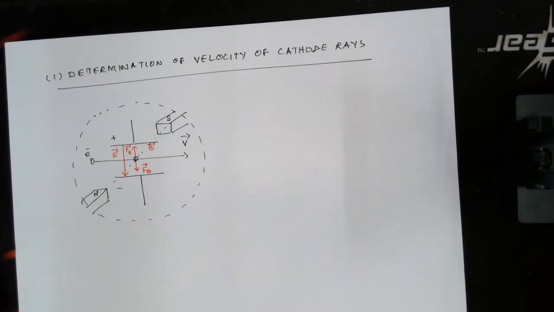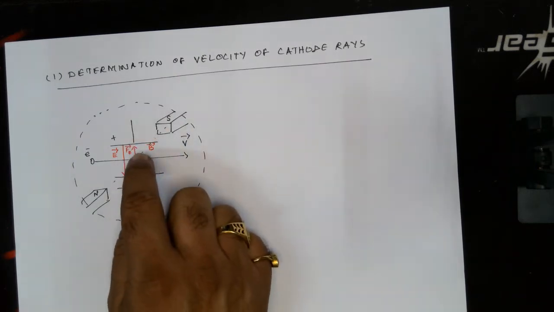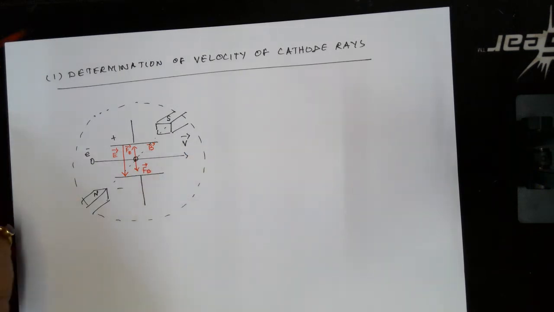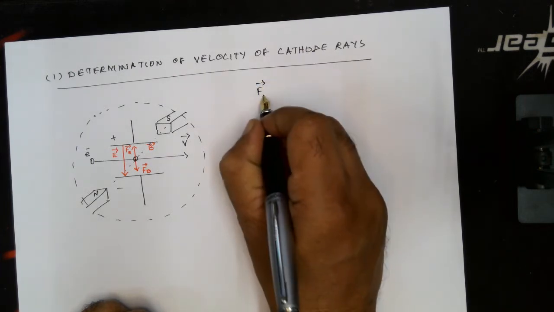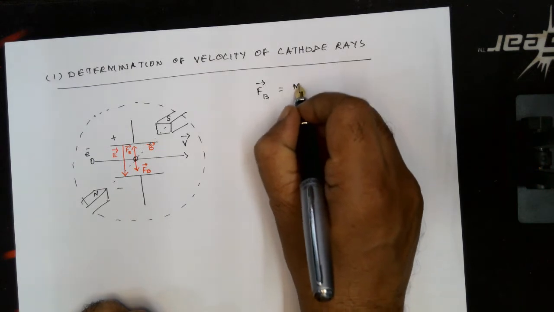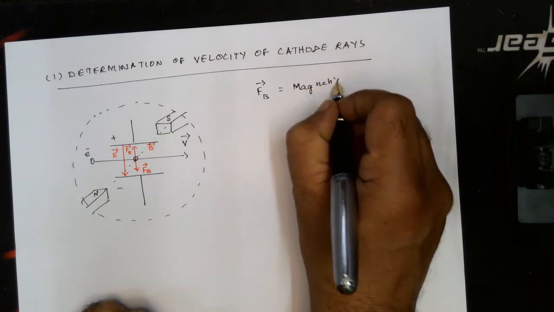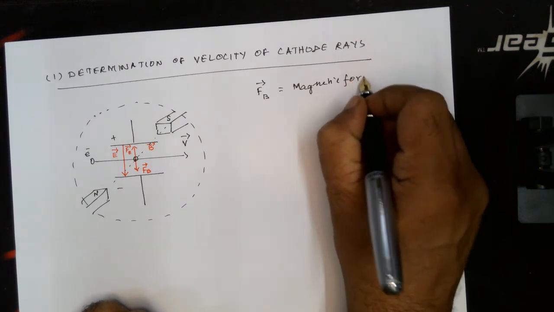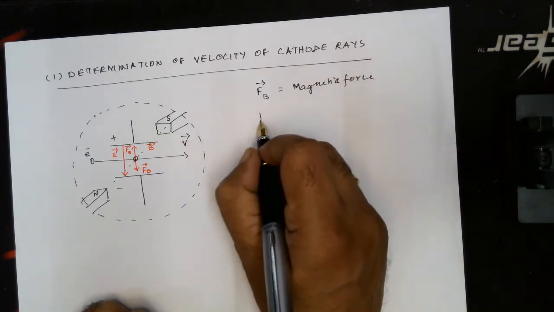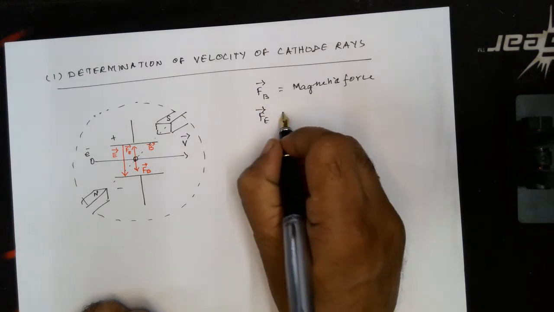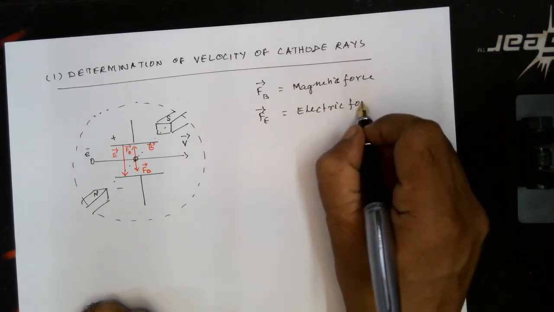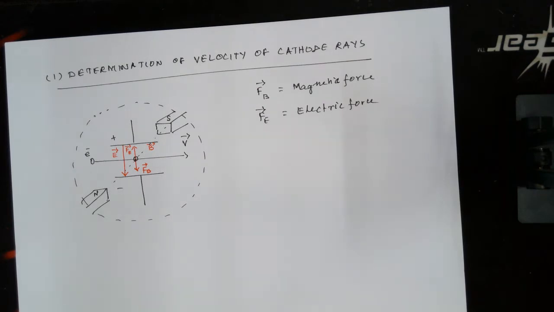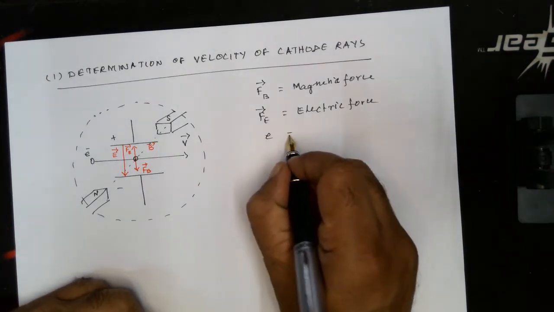So the electric force is balancing the magnetic force, is it not? Fe is electric force. e is electron.